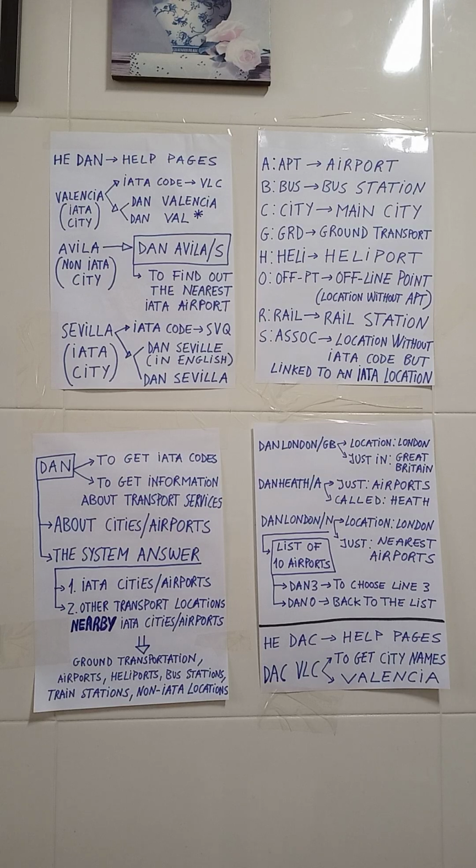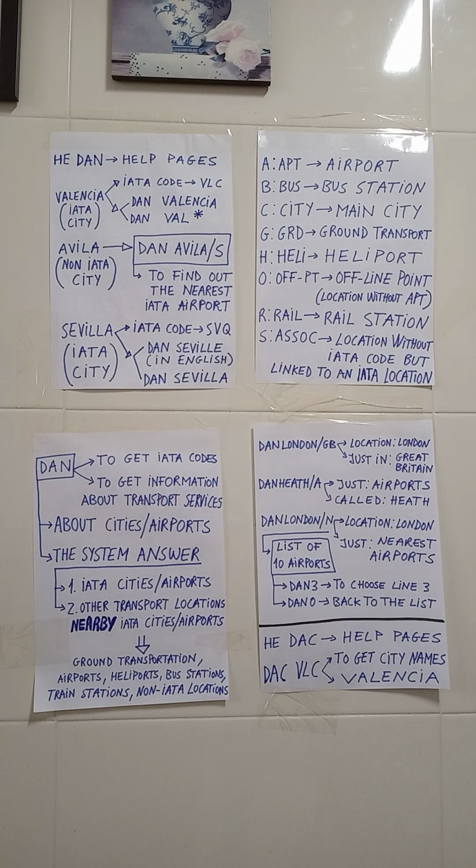Next situation, DAN Heath /A is used to search for codes and information related to the word Heath, indicating to the system that we only want results that begin with the letter A, which was explained in the previous folio that A refers to airports, so just airports called Heath.